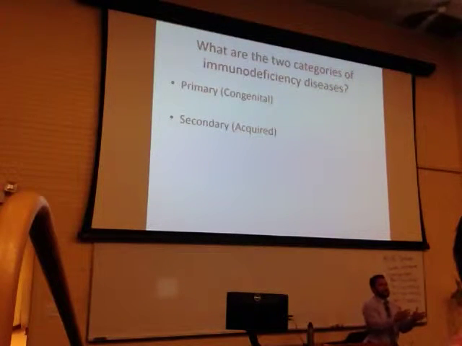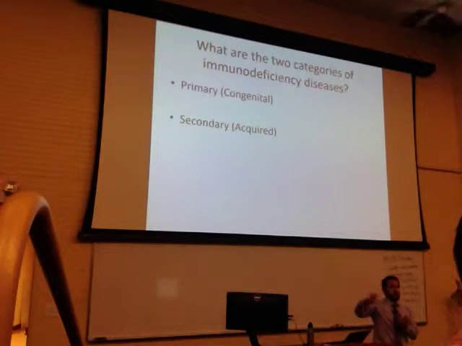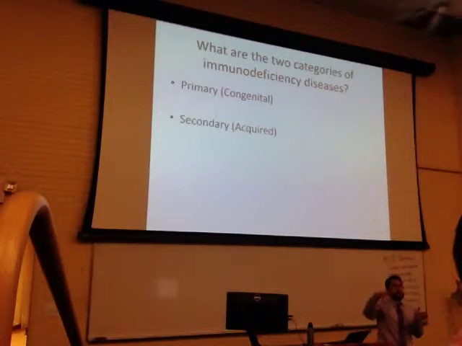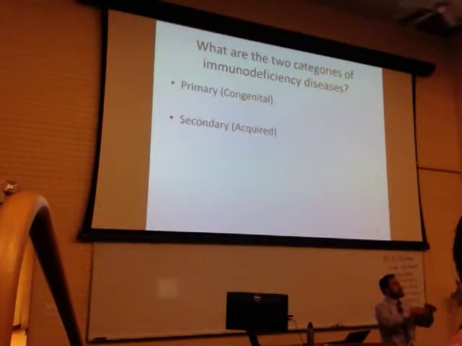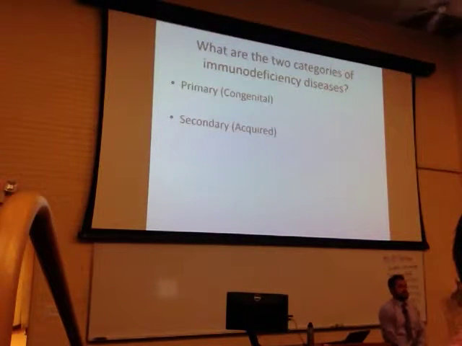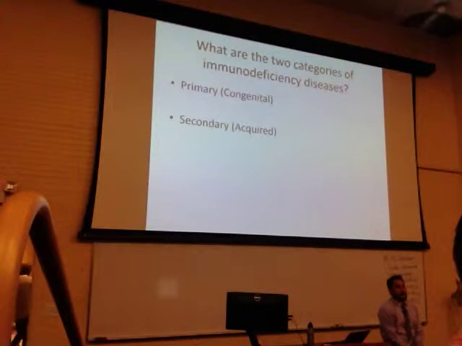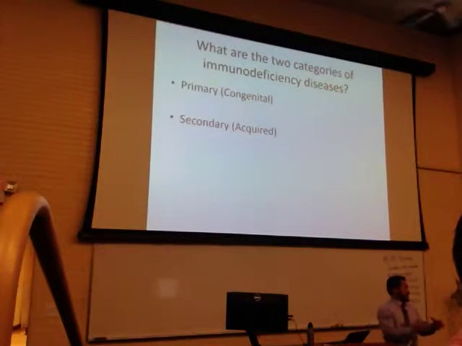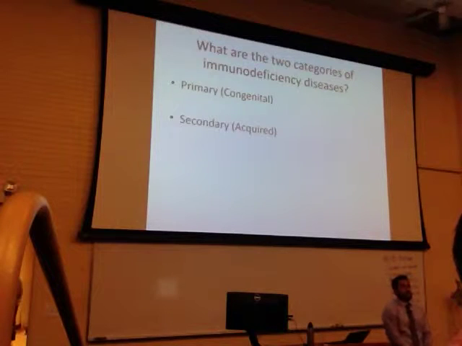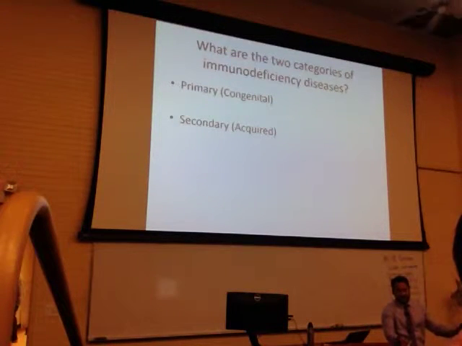But because of mom or dad, but mom is exposing the fetus to some sort of deficiency disorder, great example would be HIV. Okay? Then the developing fetus could have an acquired secondary immunodeficiency disorder almost instantaneously.